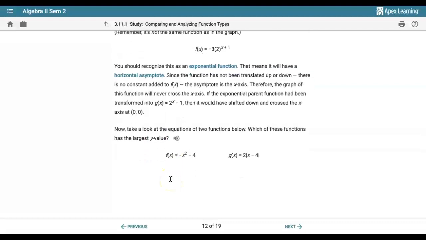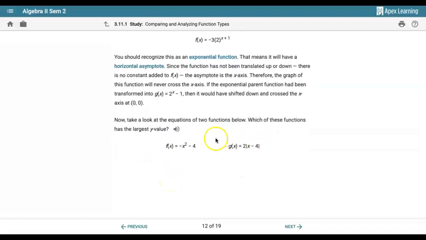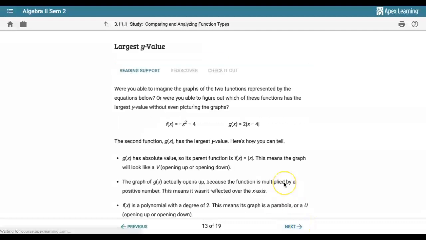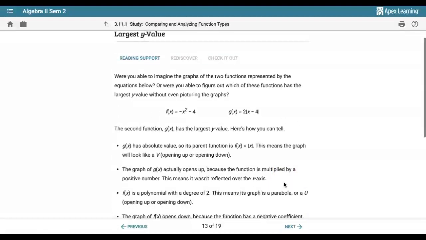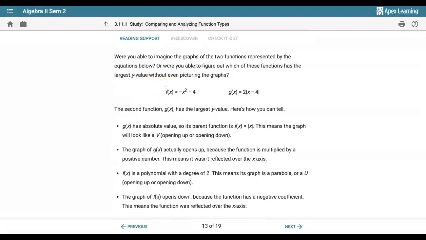Now, if we look at these two functions, the question is which of them has the largest y value. We'd be able to pick out some identifying features without really looking at the function.